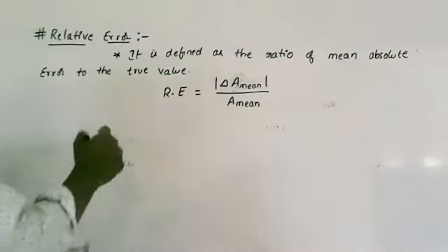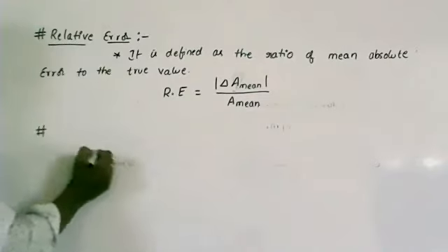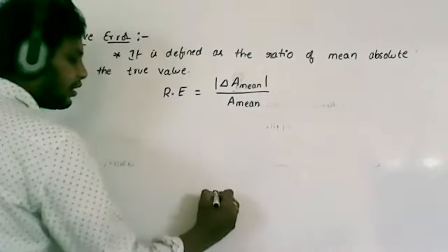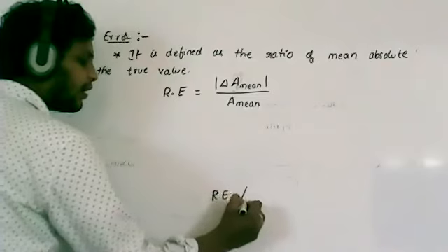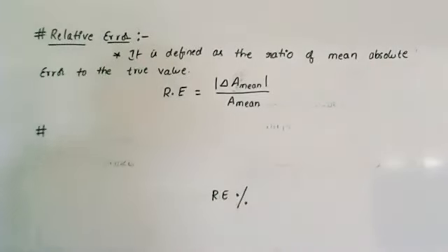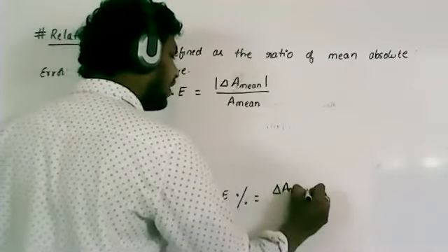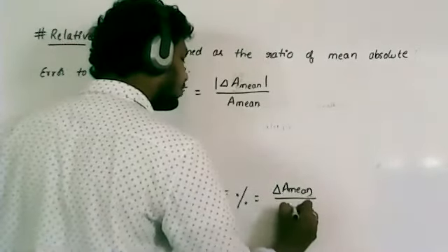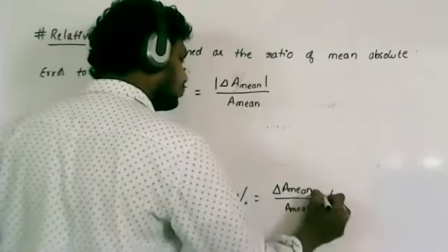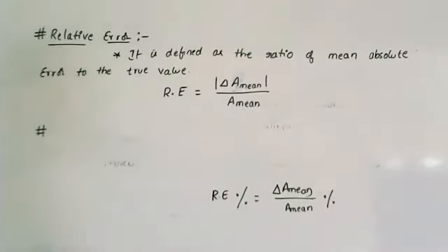Okay. The next point is, I will take relative error and I will apply percentage. Now, relative error percentage is equal to delta A mean percentage divided by A mean percentage.